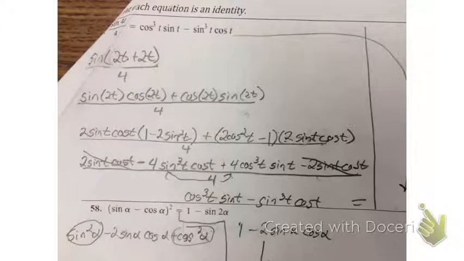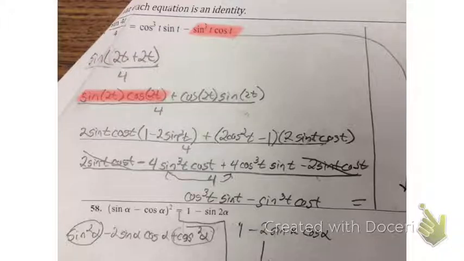Okay, so let me highlight. So you see this section? I'm trying to make that section equal to that. Okay. Well, there's only one way to rewrite sine, so I already know that method. But I'm going to say I need to create sine cubed, and I need cosine to the first power.